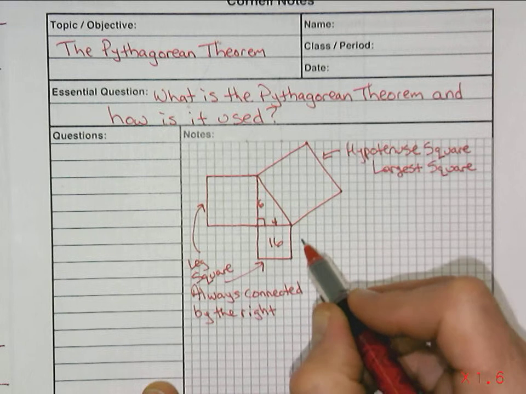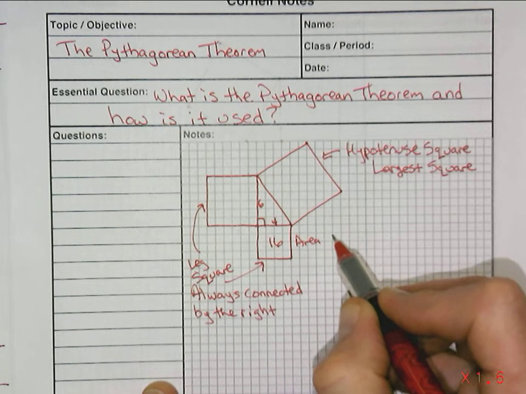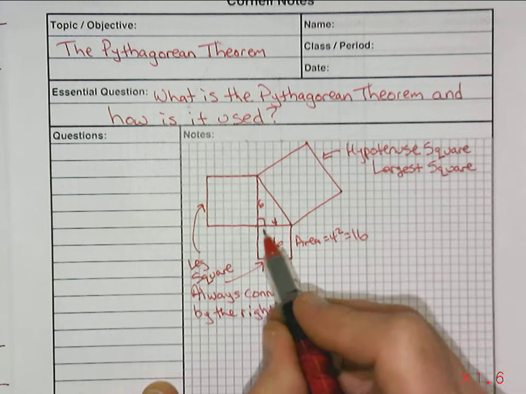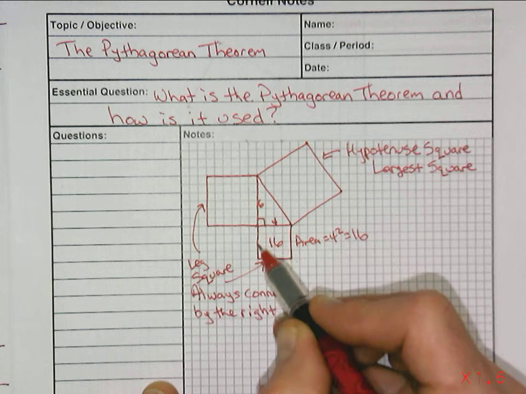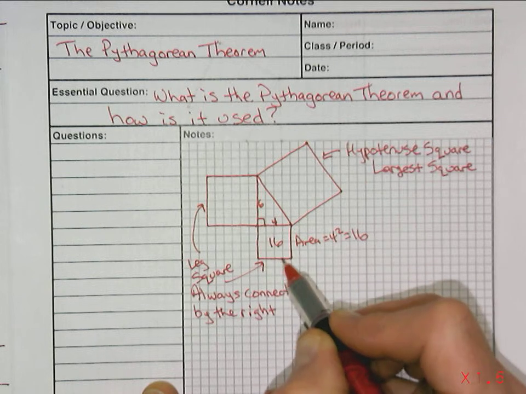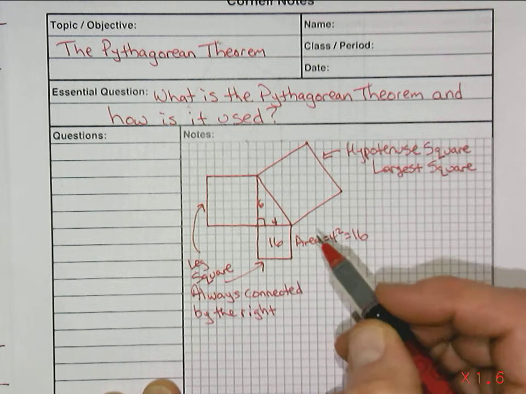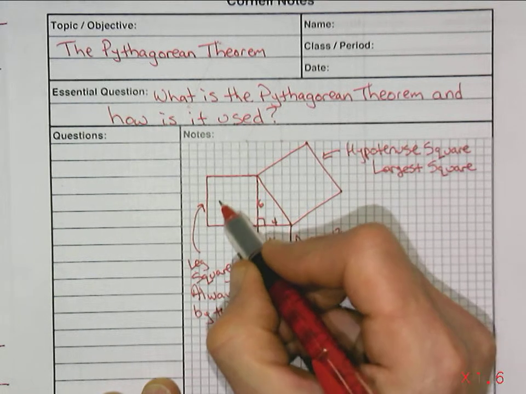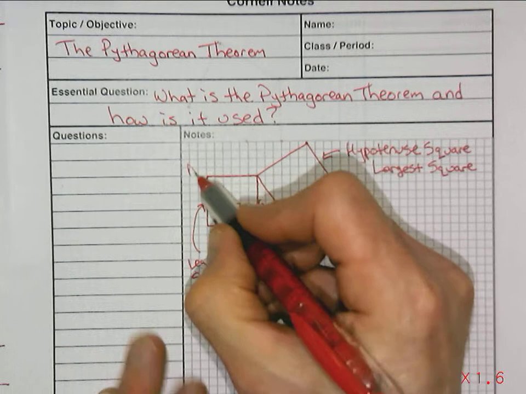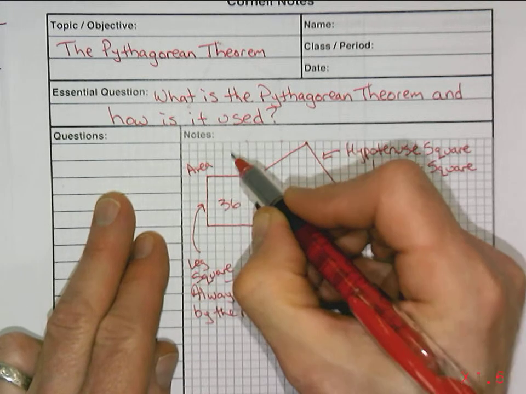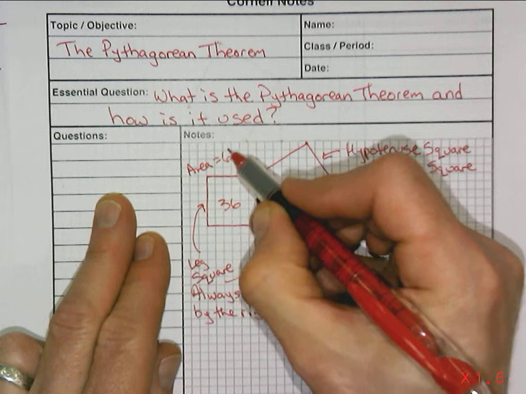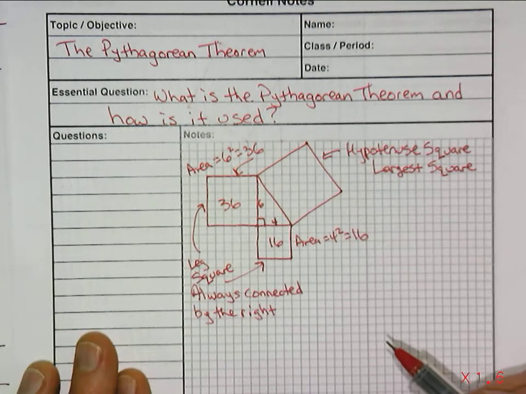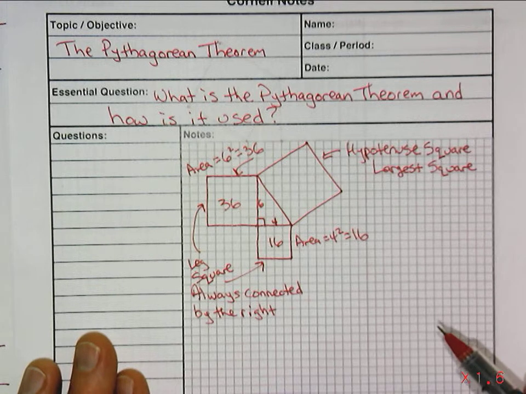It's 4 squared, 4 times 4, which is 16. The length is 4, the other length, this direction is 4. There's 4 sets of 4. This square's area is 36 because it's 6 by 6, or 6 squared. And so the area of this square is 36.